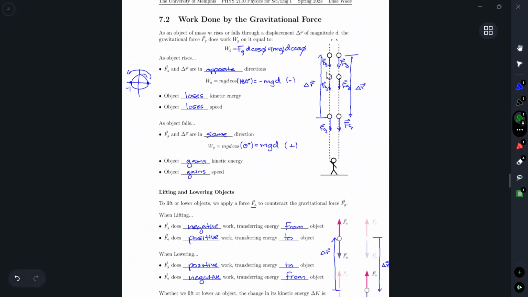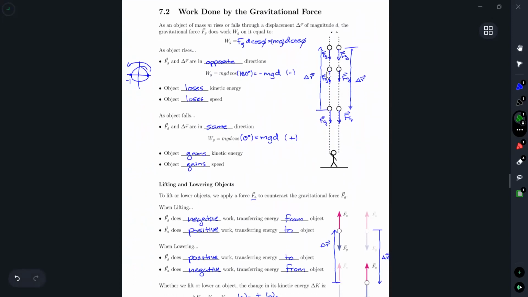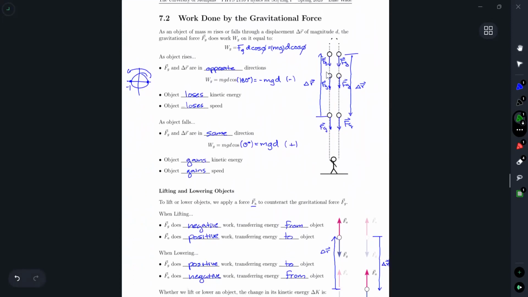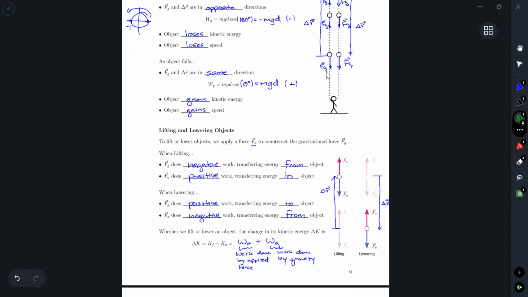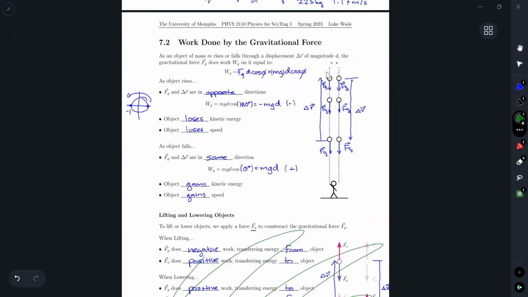Work done by the gravitational force. I'm not so worried about lifting and lowering things, just that this is an application of that idea that positive work increases kinetic energy, negative work decreases it.